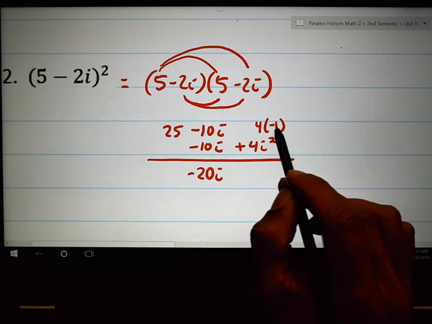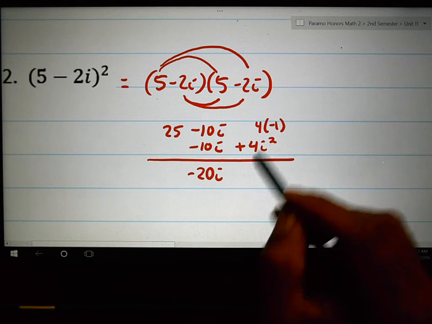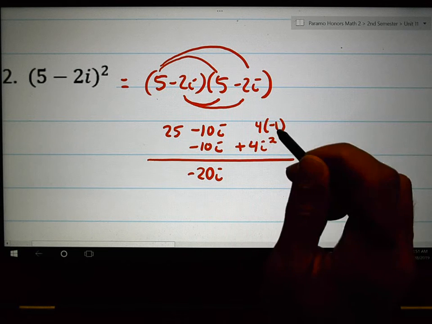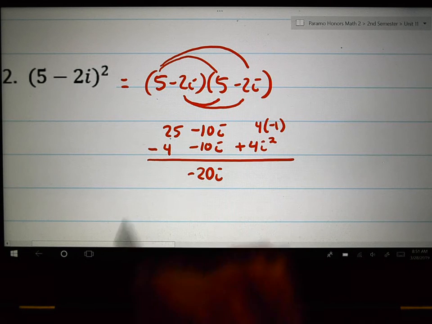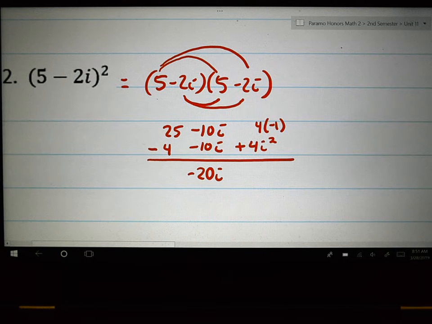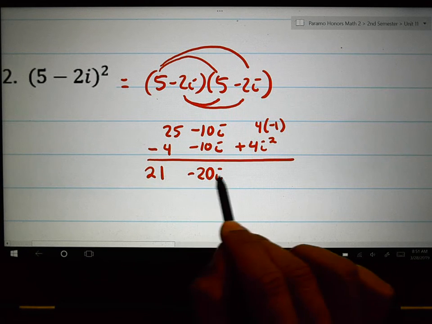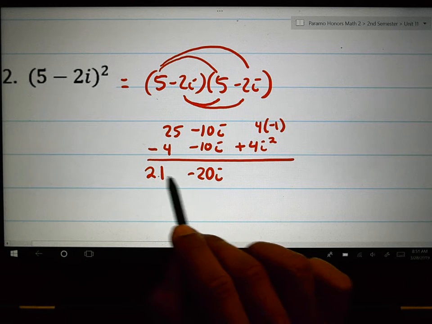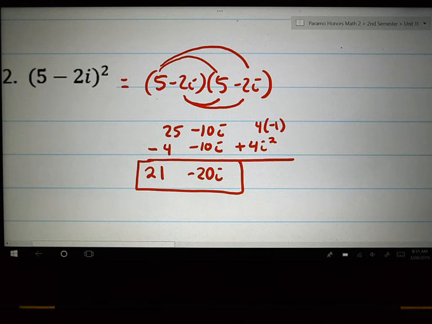What does that do to the 4? It turns it into a negative 4. So a lot of times what you'll see me do is move this over here and put negative 4 over here with that 25. 25 minus 4 is 21. And now I have it in standard form. Real component, imaginary component. My final answer is 21 minus 20i.